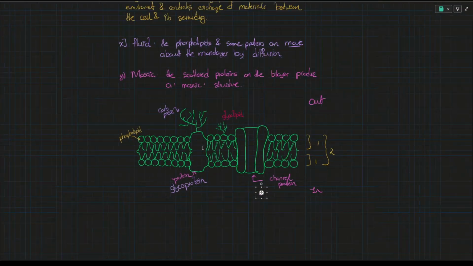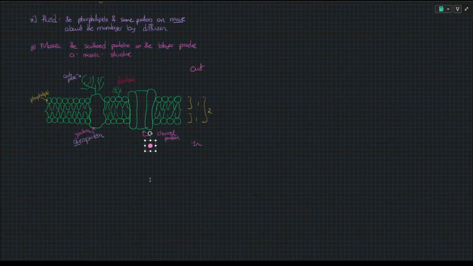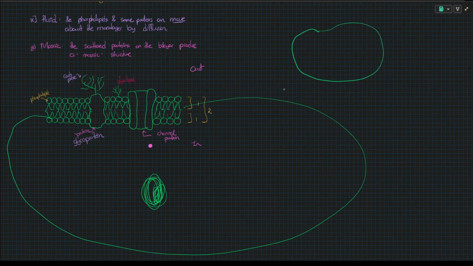So if I zoom out and help you visualize this, this is going to be the integrity of the cell. So we have the cell membrane like this. That's the cell membrane. This is the outside. Things are coming in from the outside. We have the nucleus and everything inside here. That's an extended version of the cell membrane. Now, you know, when we draw cell membranes, we just do that, no?